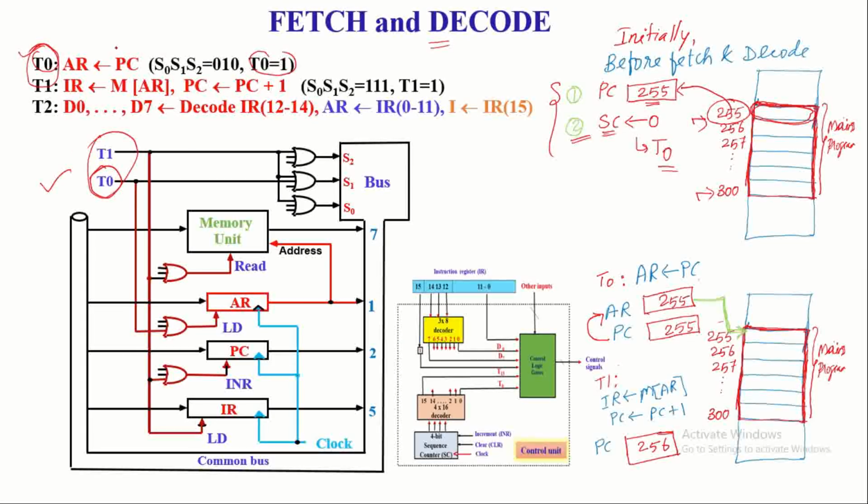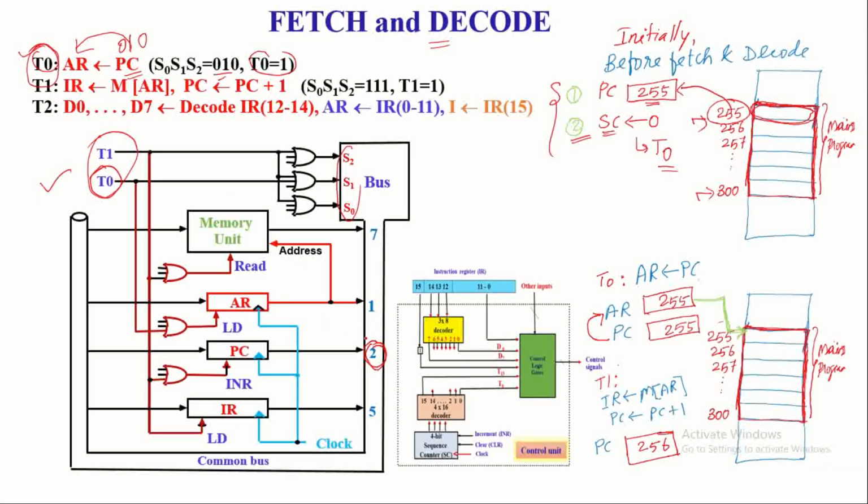So by that time, in order to transfer the content from program counter to address register, it can be achieved by setting the selection signal values 0, 1, 0, because program counter is having the number 2, right? So what is the binary equivalent of this number 2? 0, 1, 0.